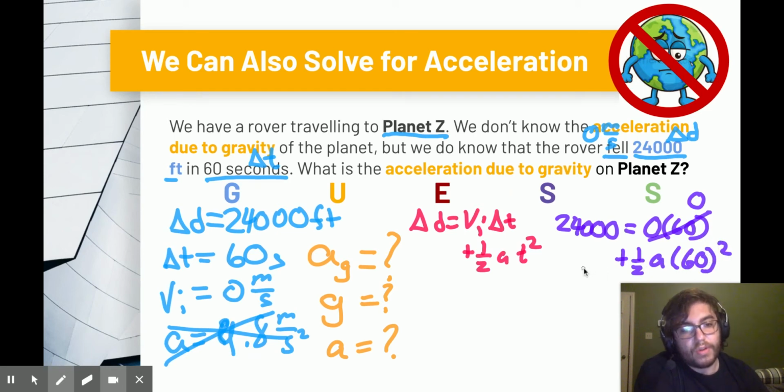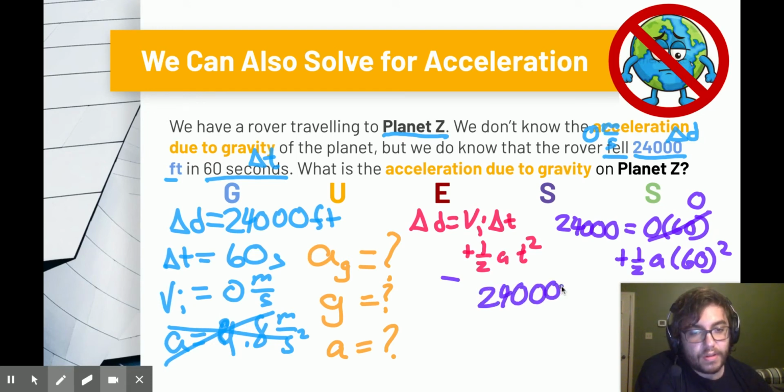So 60 squared, always do this first, is 3,600 divided by 2 is 1,800. So we have 24,000 is equal to 1,800 times A, because 60 times 60 is 3,600, divided by 2 gives us that 1,800.